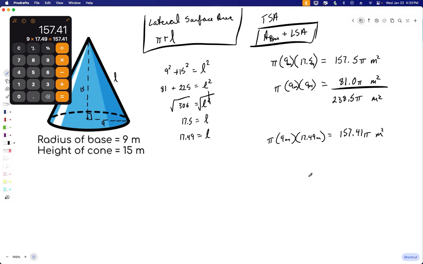This remains the same, so the area of the base is still equal to 81 times pi meters squared. So plus 81 gives us 238.41 times pi meters squared. So this answer is typed in, this answer is typed in, and I even have 239 pi meters squared as an acceptable answer, just in case you rounded this to a whole number.